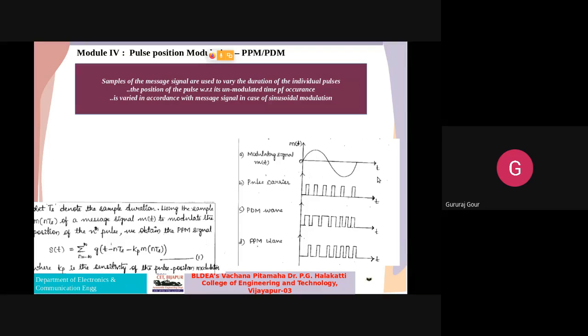Let us see here. This diagram will help you to understand this simple concept. Here we have the modulating signal, a low frequency, low amplitude modulating signal m of t, and its amplitude is instantaneously varying. In the second figure, we have a train of pulses of the carrier signal. These pulses we have to vary according to the amplitude variation of the modulating signal.